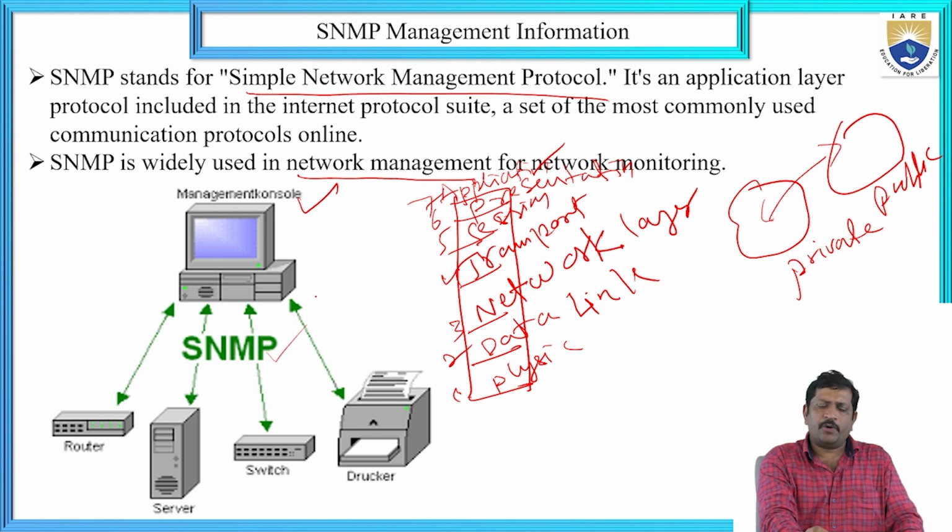What is this SNMP protocol doing? It is monitoring the server, how the server is working while communicating between two devices, how the switches are working, how the printer is working, and how the routers are working. It will diagnose and identify problems.